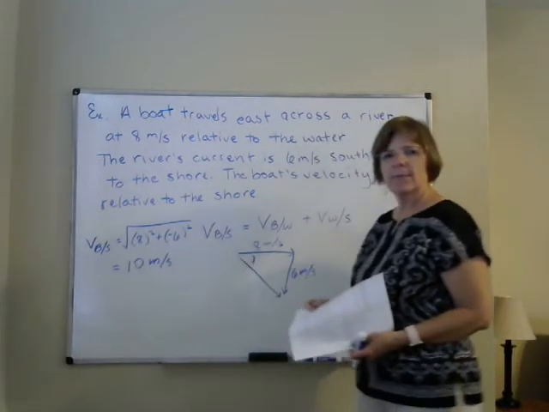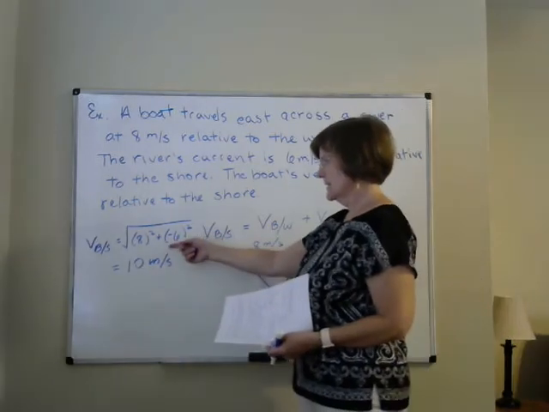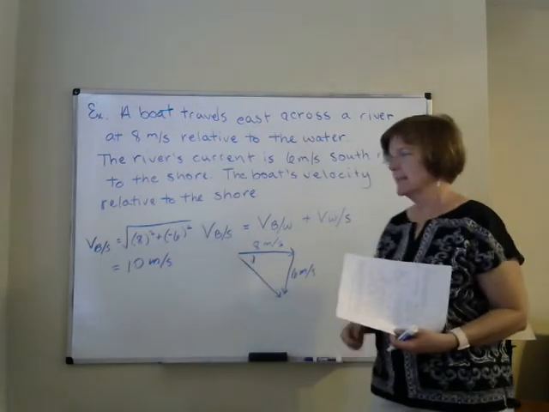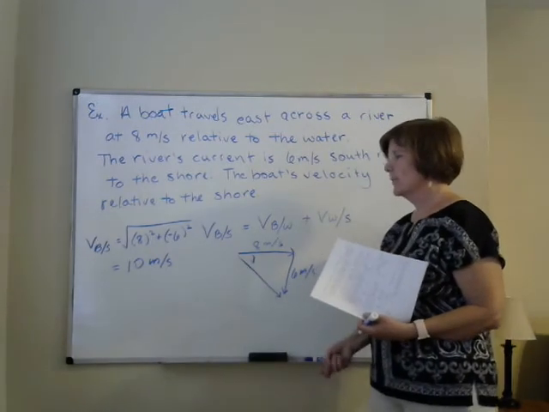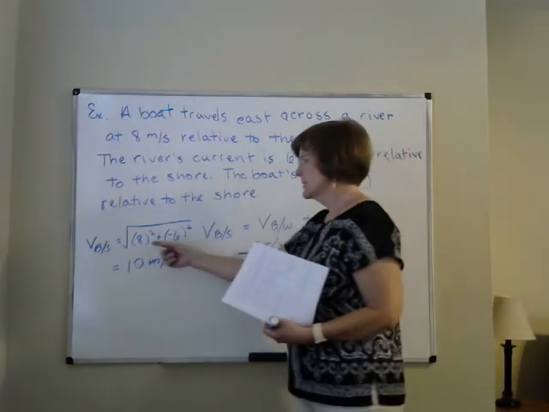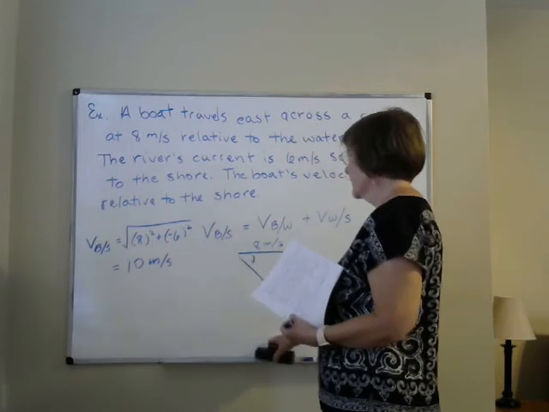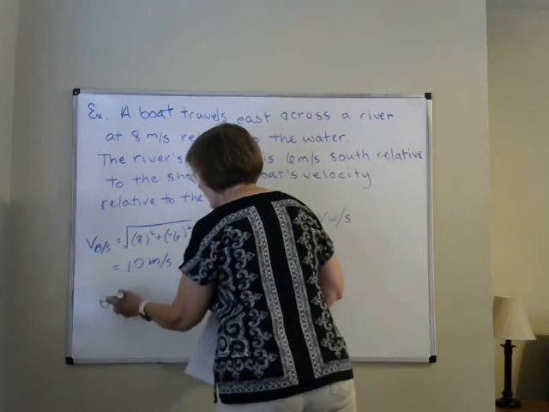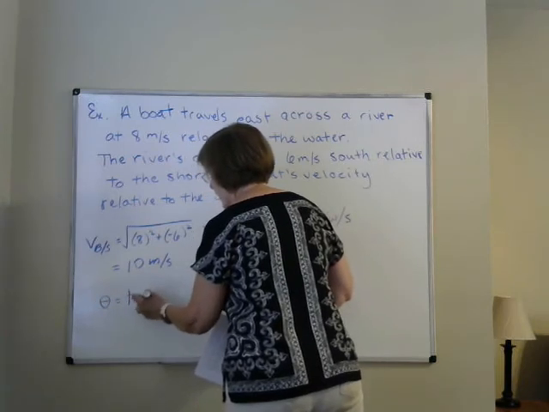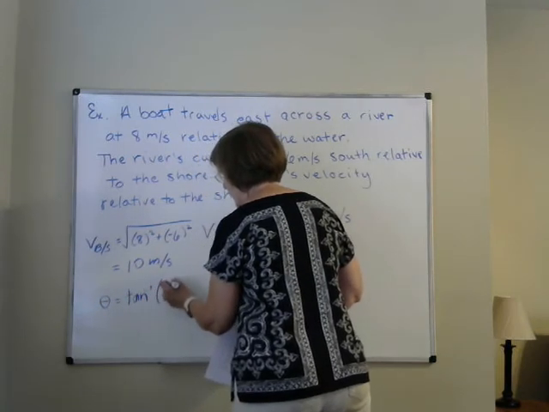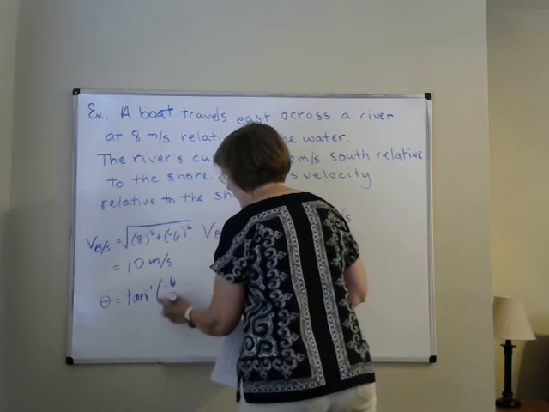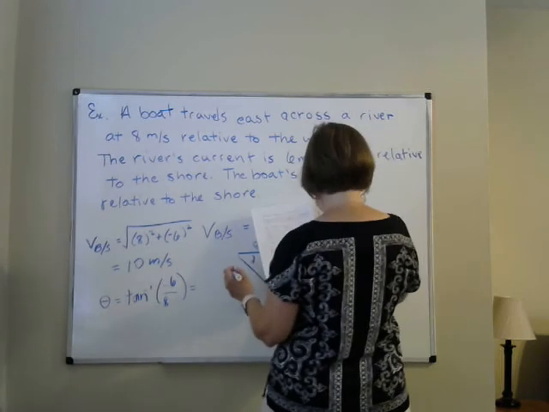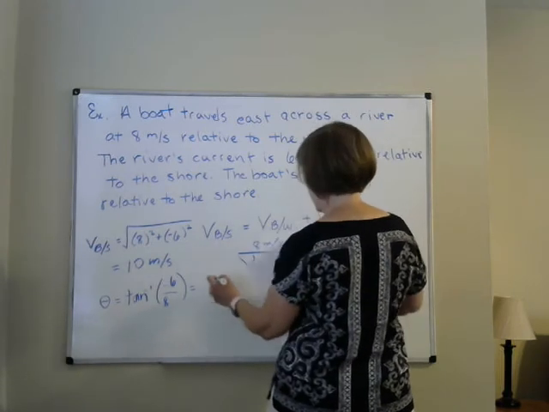My y component is negative 6. So I'm not going to have to add 180 because x is positive. That's going to be quadrant 4. X is positive, y is negative. So tangent inverse of negative 6 over 8 comes out to be negative 37 degrees.